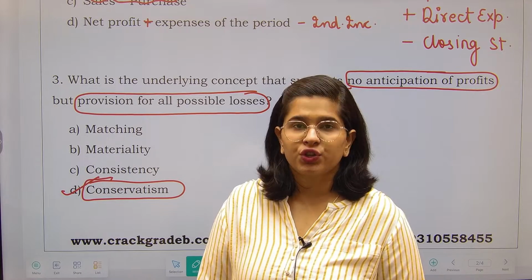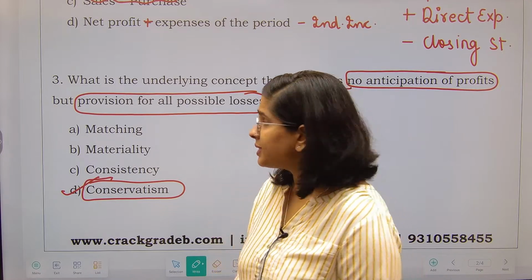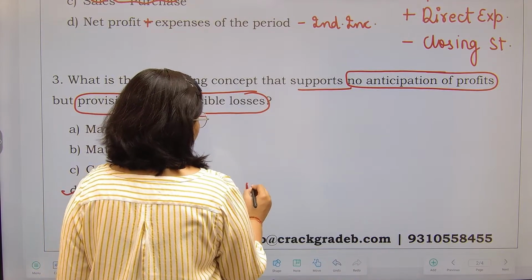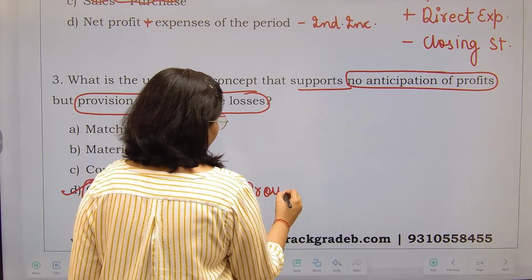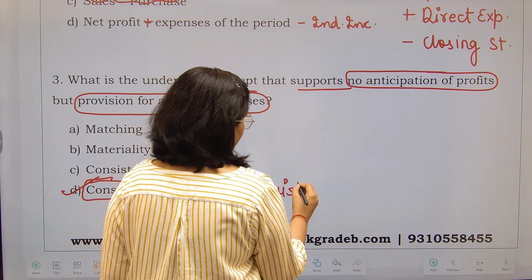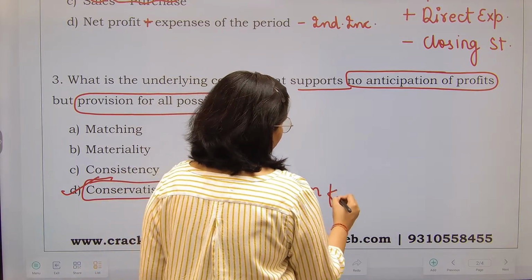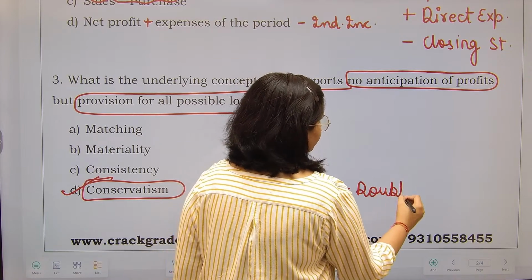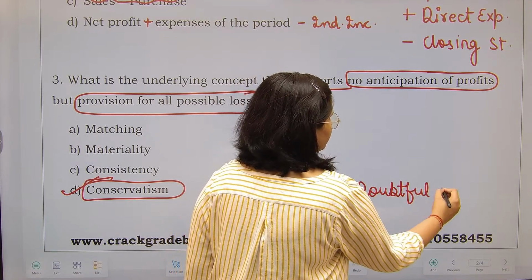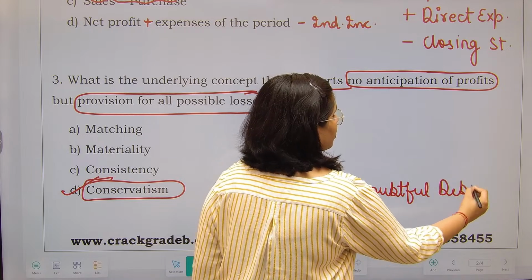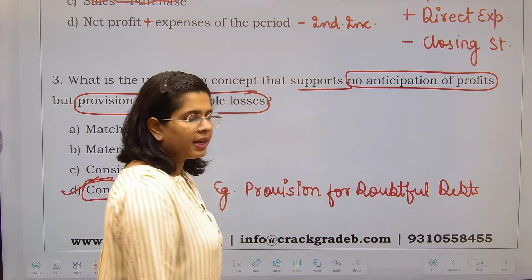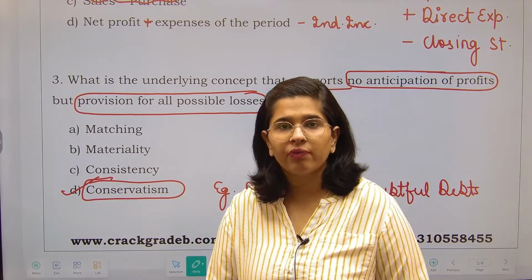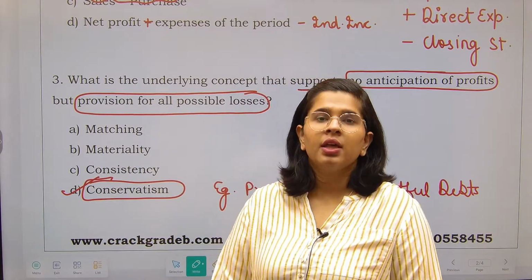And how do we record them? We make provisions. For example, the provision for doubtful debts. In our business we have debtors, the persons from whom we have to collect the amount.